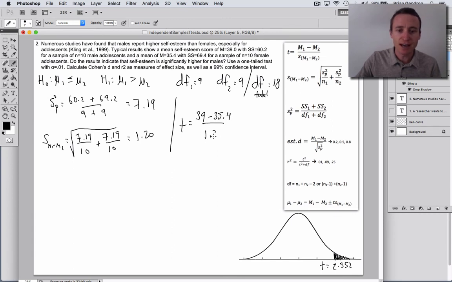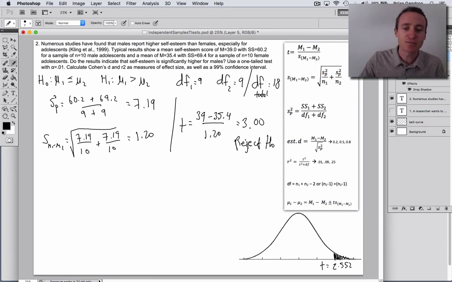Divide by your estimated standard error of 1.2. And I'm seeing a value of 3. All right, so the cutoff was 2.552. Our test statistic was 3. Therefore, our conclusion is reject H0.